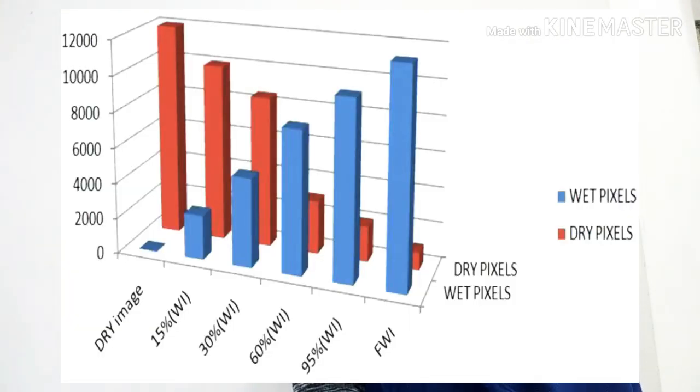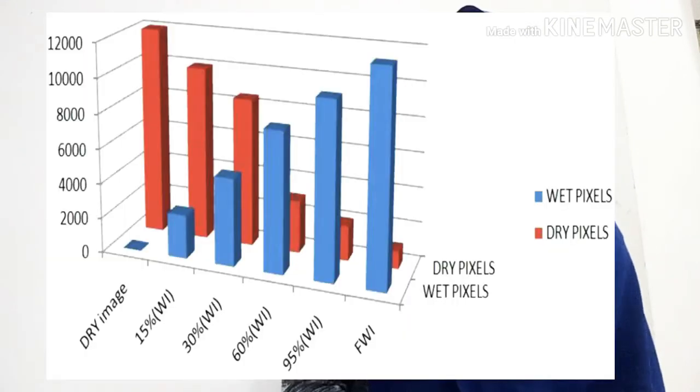As you can see from the picture, the first bar has no wet content, while the red bar is a dry pixel, which is the first bar is completely dry soil. For the second bar, we can see that 15% is wet content, while the 85% is dry soil. For the third part, 30% is wet content, while the 70% is conditionally wet soil.